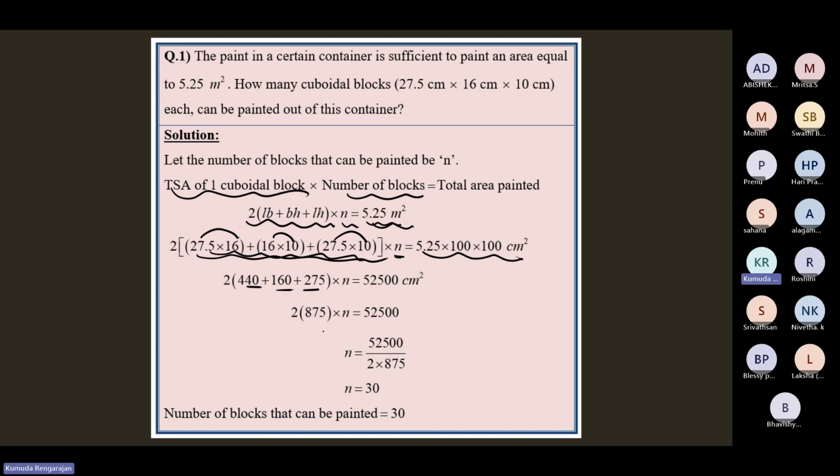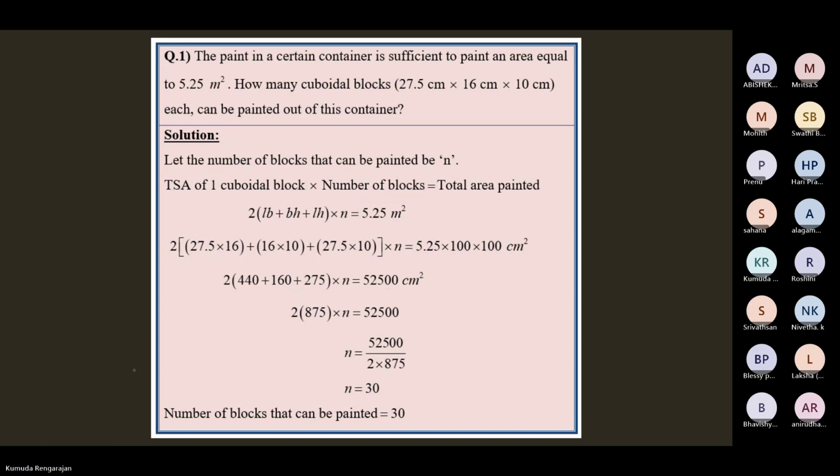Into n is equal to 5250 centimeter square. Then find the sum. And n is equal to 52500 divided by 2 into 875. On simplifying, you get 30. So the number of blocks is equal to 30.